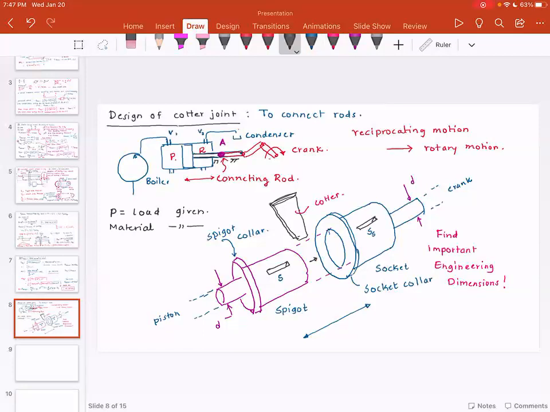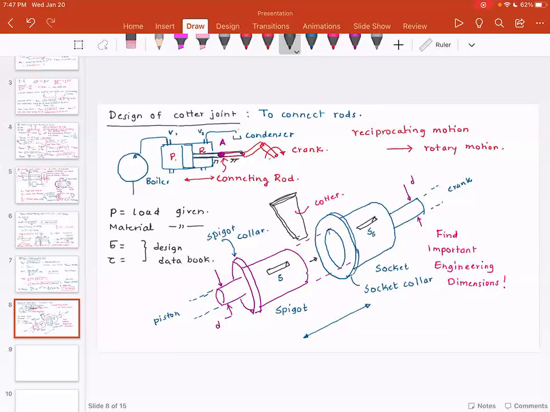Based on the material, you can find out the values of sigma and tau from either the design data book or the machinery's handbook.